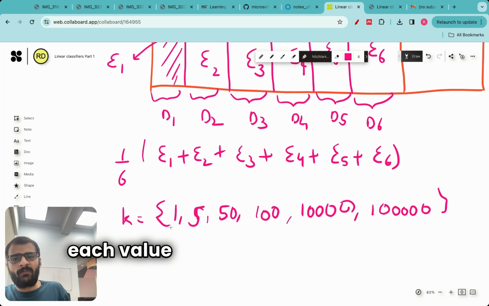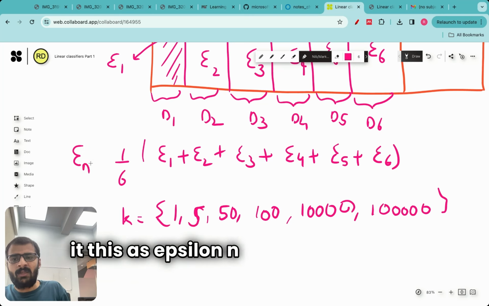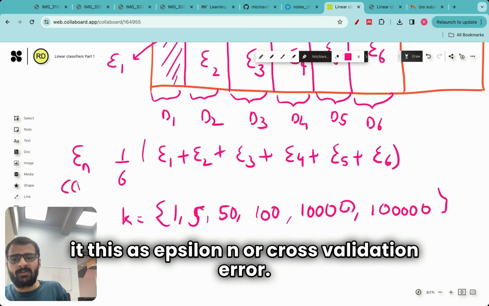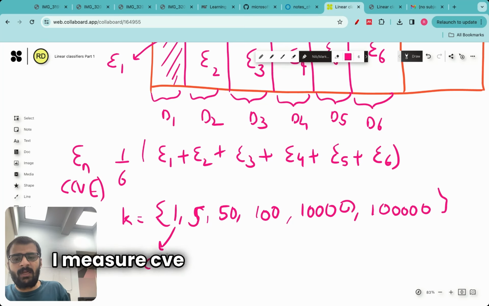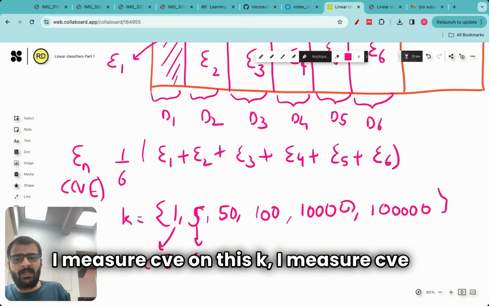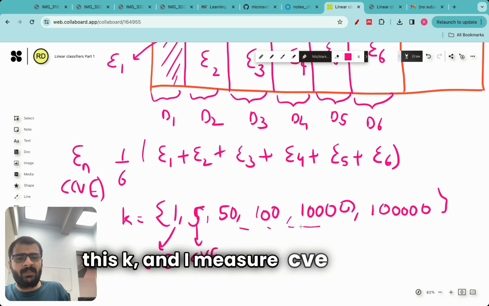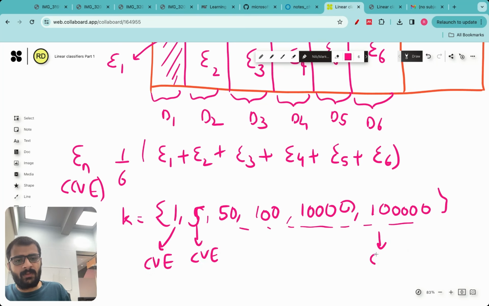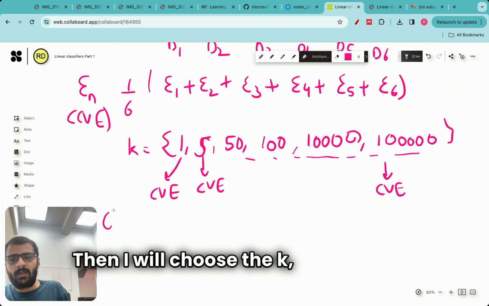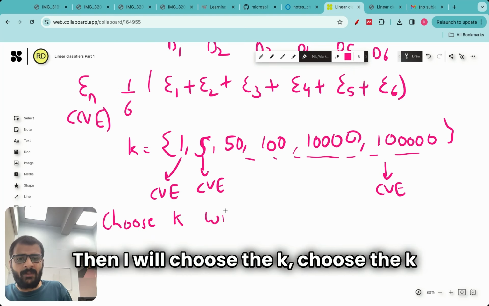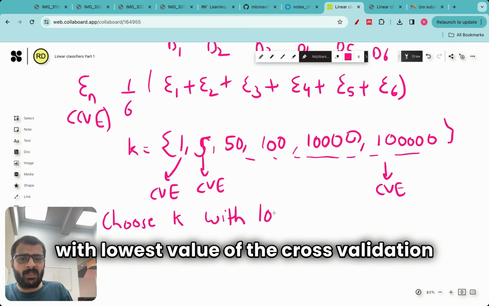And for each value of k, I measure this, let me call it epsilon n, or cross validation error. So let me call it CVE. I measure CVE on this k, I measure CVE on this k, and I measure CVE on all ks. Then I will choose the k with the lowest value of the cross validation error.